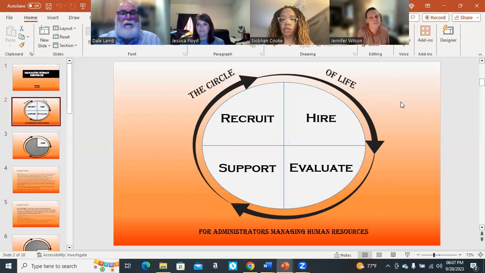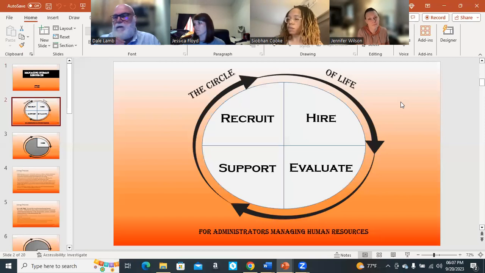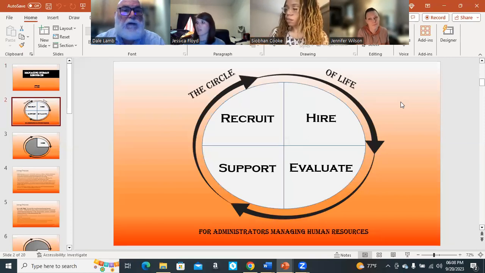Anyway, there's 11 due process functions to hire somebody in a public school. They're the same everywhere. So why would we go ask our HR people what it works like in our district? Well, here's the deal. The 11 functions that you have to go through to hire somebody are the same due process wise in every public school in the state and in South Carolina, because it's federal. Except who does it? That's the question.